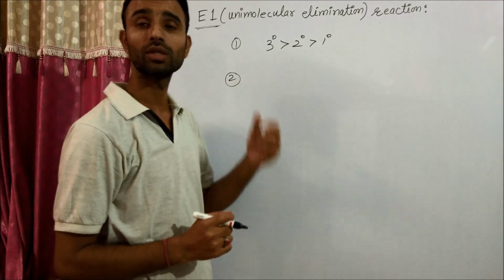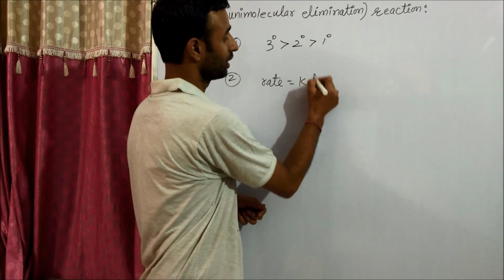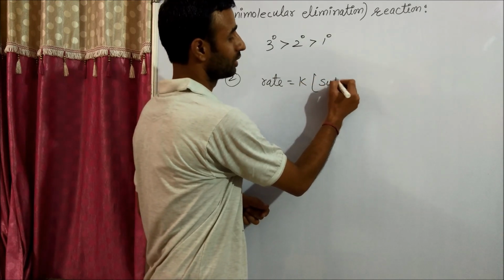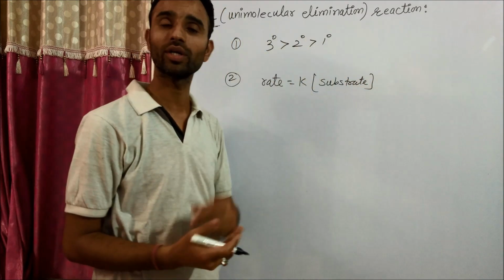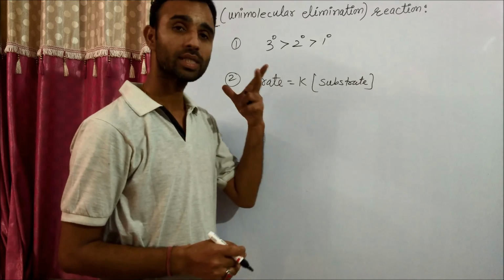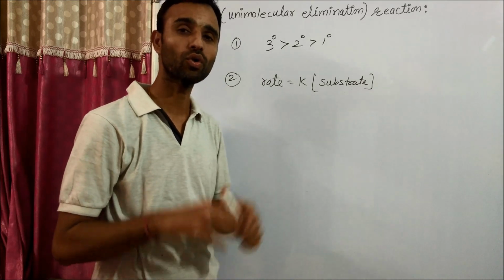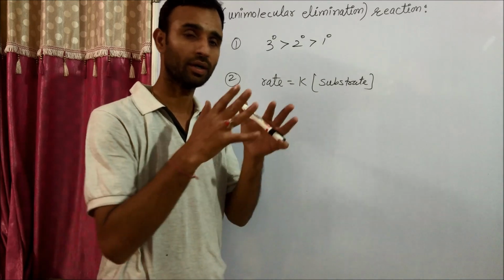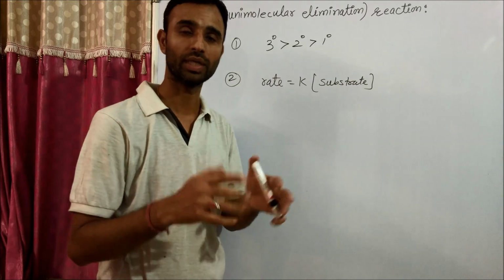The rate of E1 reaction depends only on the substrate. Base is not involved in the rate determining step. That's why strength of the base and concentration of the base have no role to play in the rate of E1 reaction.